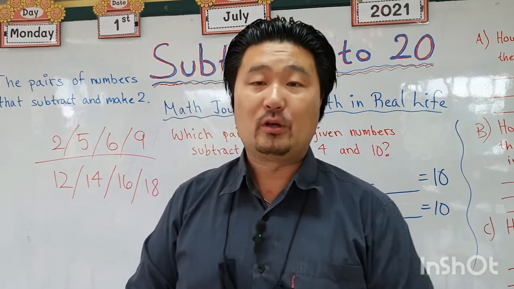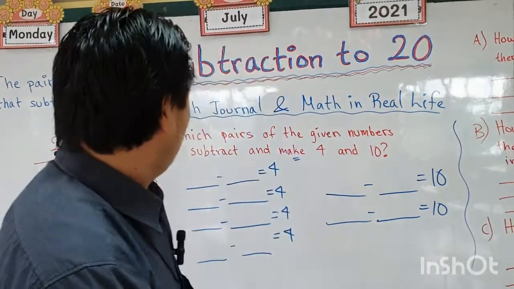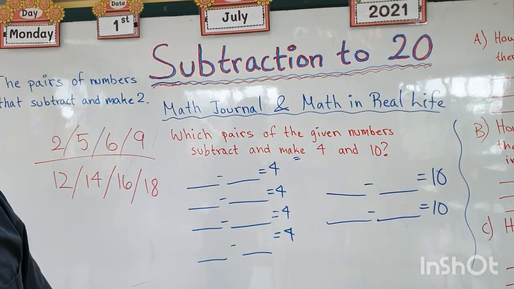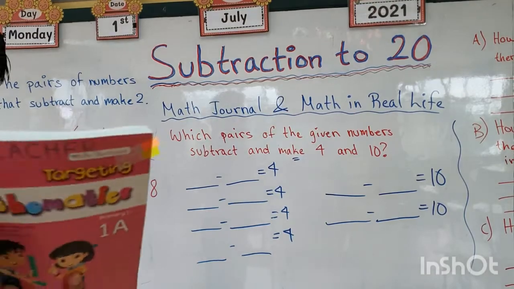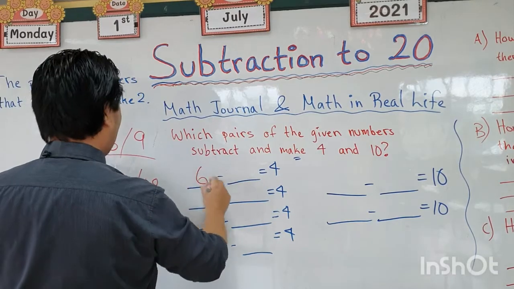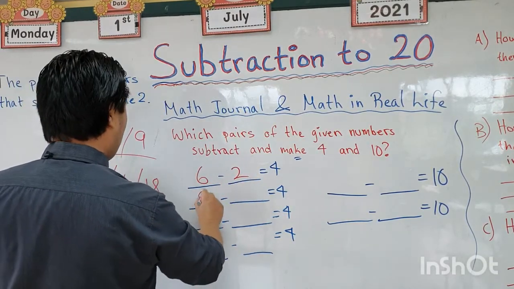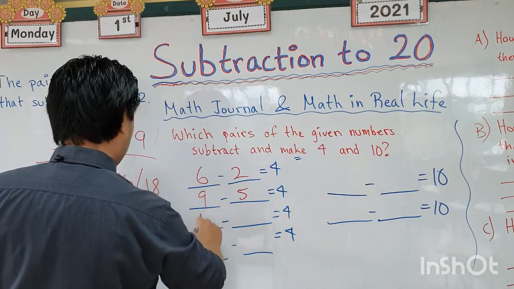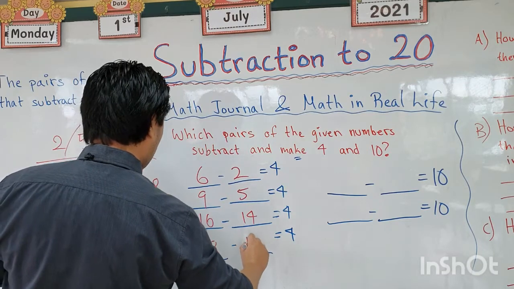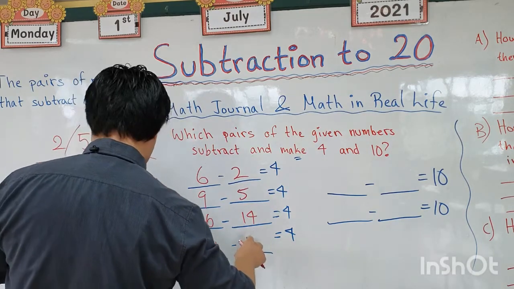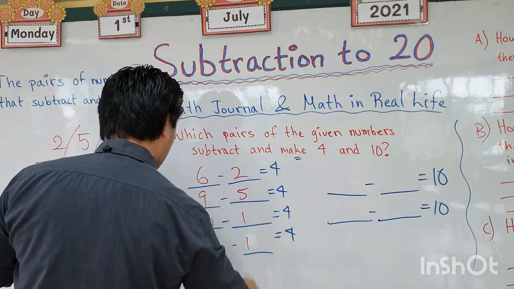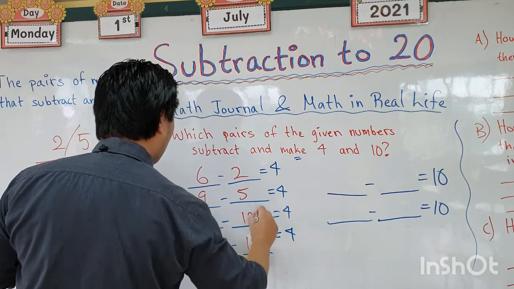Okay, so now I'm going to give you the answers. So here we have, I wrote down the answers in the book, so let me use the book. So make 4, we have 6 minus 2, and then 9 minus 5, and 16 minus 14, and 18 minus 14, 16 minus 12.